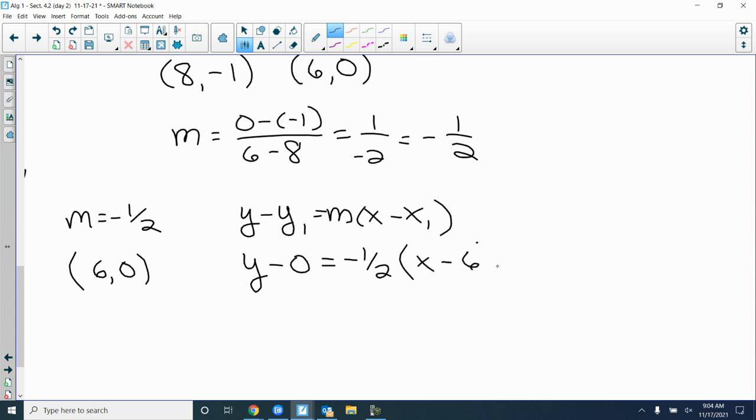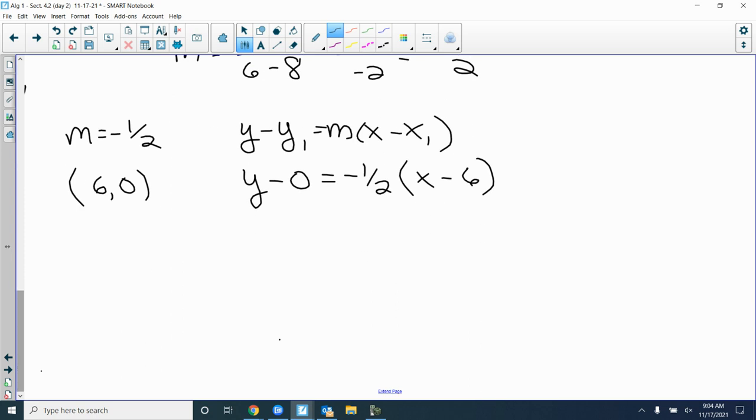Alex was a little bit ahead of the game, which I like. He says y minus 0 is just y. 100% right. So the last thing I need to do is distribute this negative 1/2, and I get negative 1/2 x. Negative 1/2 times negative 6 is positive 3.